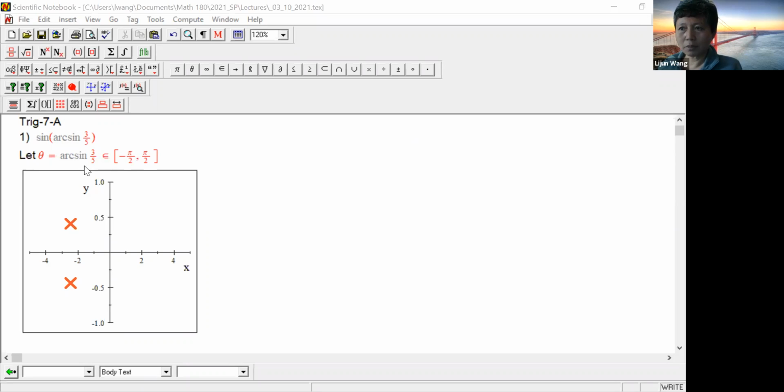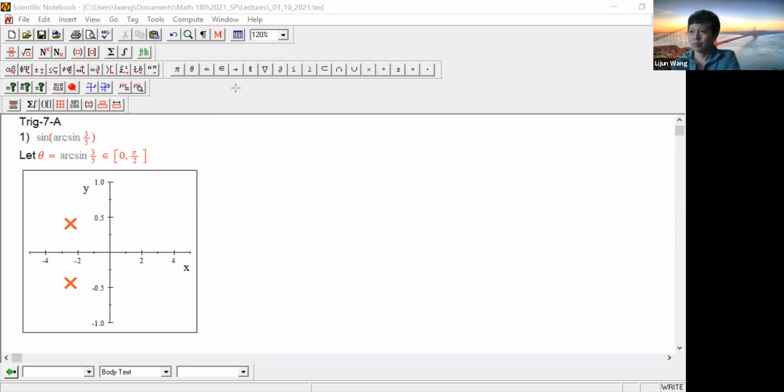In particular, because my ratio is positive, this angle is not only between negative pi over 2 and pi over 2, it's actually between 0 and pi over 2. It's in the first quadrant.